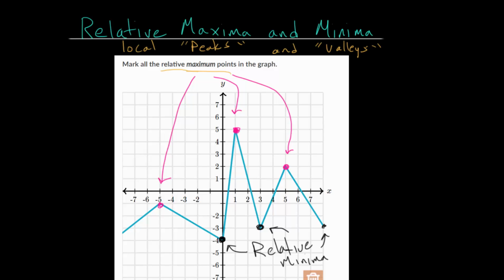So for instance, this point right here, this is what we call the absolute maxima, since it's larger than every other function value or y value on the blue curve. Whereas this point right here, as you can imagine, this is what we call the absolute minima. So this exercise is really just getting used to the vocabulary and then picking the different points on the graph. So let's look at some different example problems.